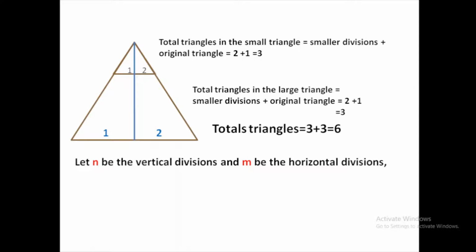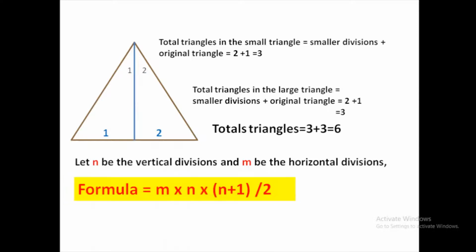If we take n to be the vertical divisions and m to be the horizontal divisions, to find out the total number of triangles in such type of figure, the formula is m into n into n plus 1 by 2. To know the horizontal divisions, we just have to take the number of bases that we find in the figure, 1 and 2.